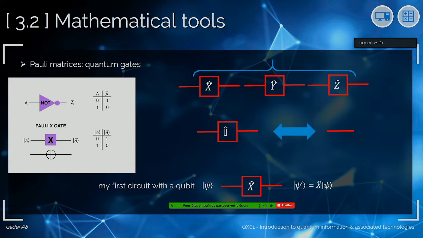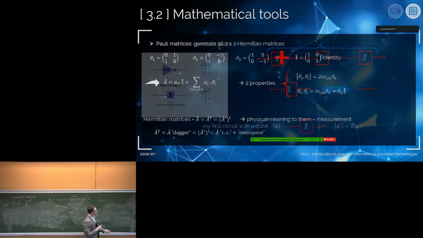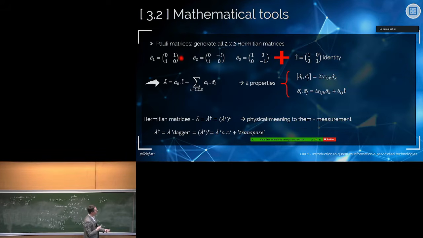Okay, so if I do it quickly, psi prime would be the X matrix. So the X matrix is this one: 0, 1, 1, 0, and I apply this to this generic qubit, which I can write like this.